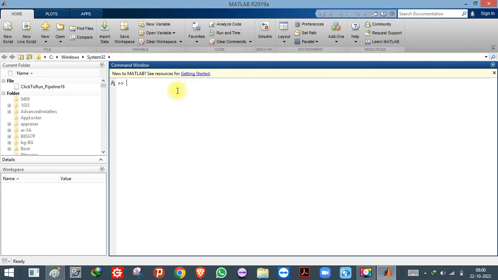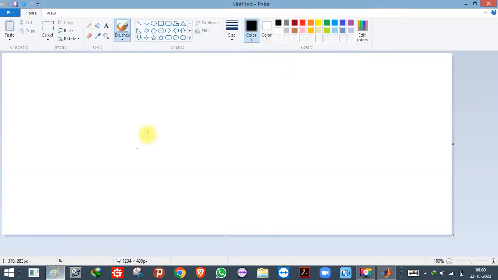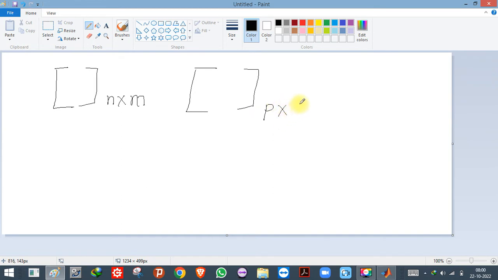So here all the operations that we carry out are basically matrix operations. So matrix multiplication. Now you just have to remember one thing: the matrix multiplication rule. So let's say I have a matrix whose size is n by m, and I have another matrix whose size is p by q.